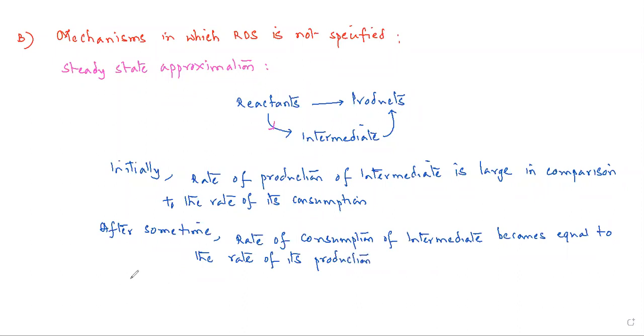This, of course, is called steady state. Where the rate of consumption is equal to the rate of its production. These two will now be the same. So this is what we call steady state.